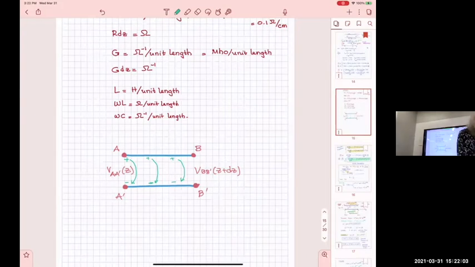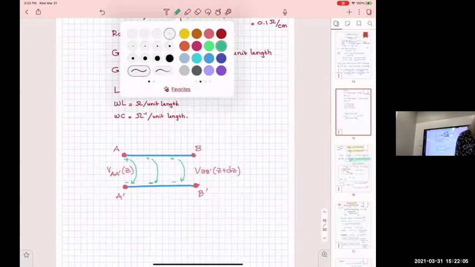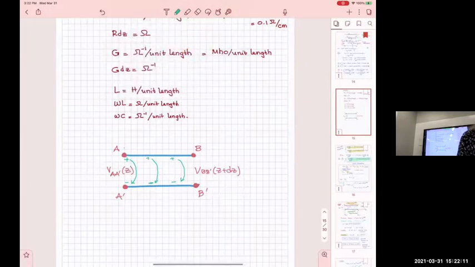How about the current in the symbolic representation? The current here, if I use a different color, at this point, this is IAA prime of Z, and then it's here, and then here. So it continues here. We don't consider terminating. We just think that it's an infinitely long line, and we just consider a section of it.